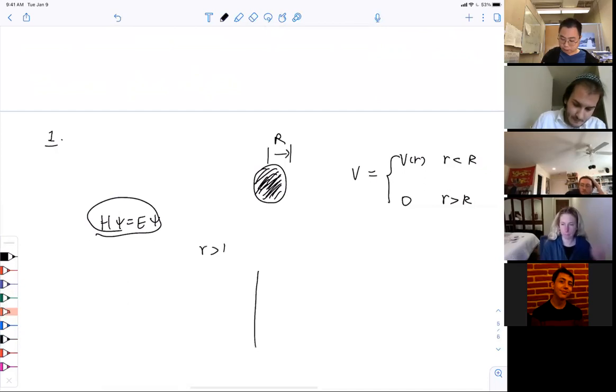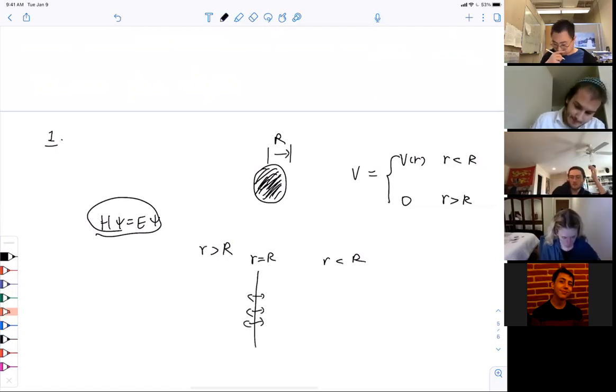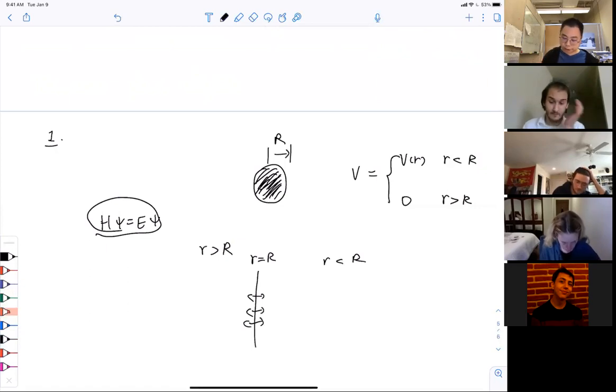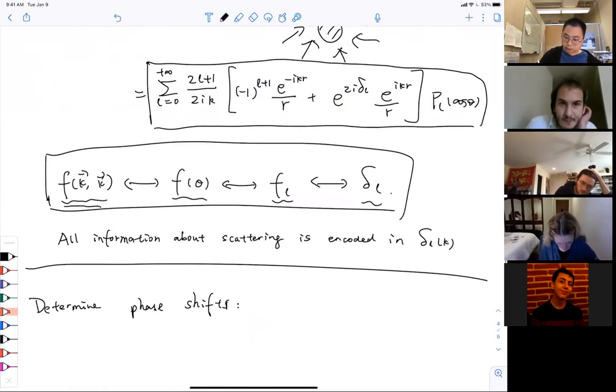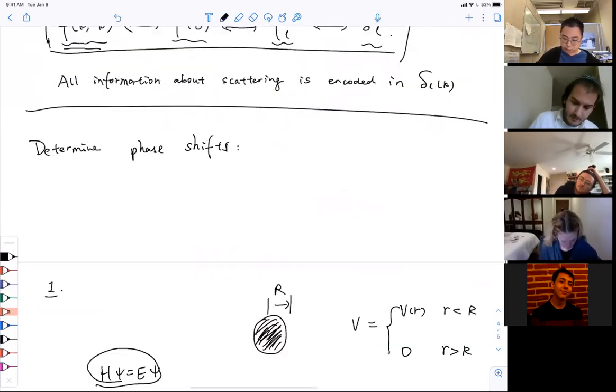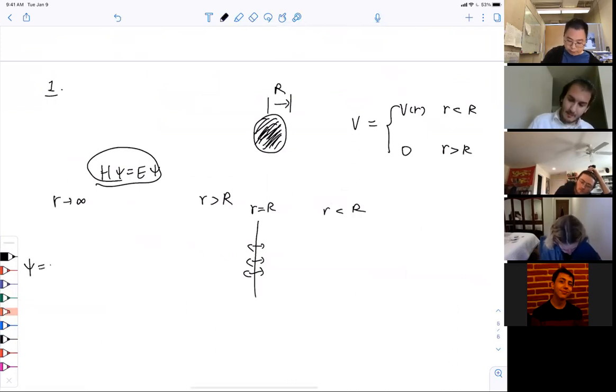One is r smaller than capital R, and we match the boundary condition at r equal to R. But there's another regime, where r goes to infinity, where we know the expression, as we discussed here, which contains delta L, the phase shift.